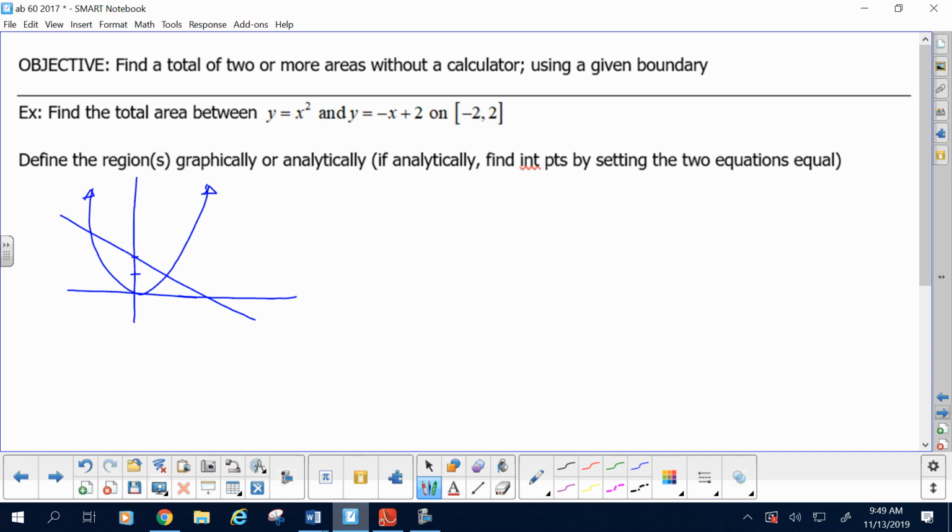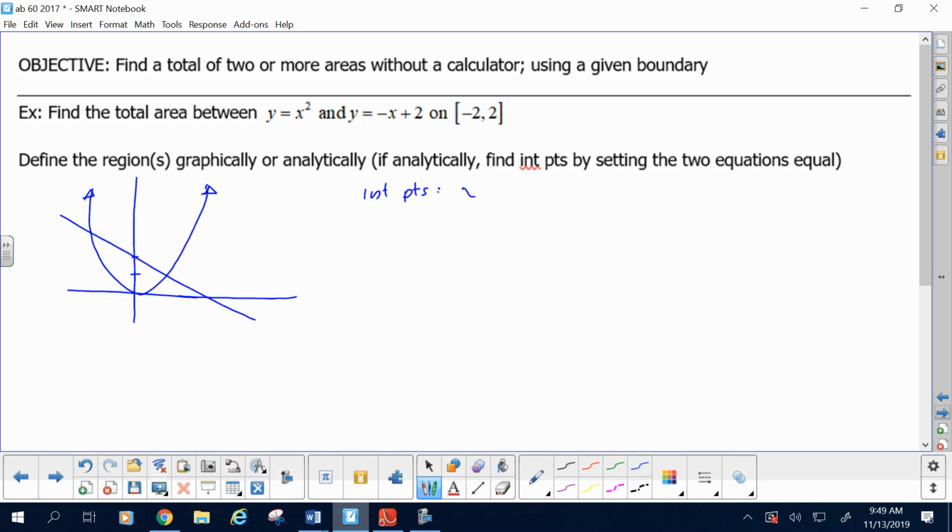All right, so we've got a graph. Now the hard part is that I don't know what to make out of this area between the curves on -2 and 2. I'm not sure what's going on there. I don't know where -2 is in reference to those intersection points. So let's get into the intersection points and then figure out what the shade is going to go like.